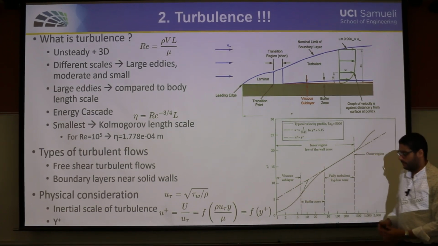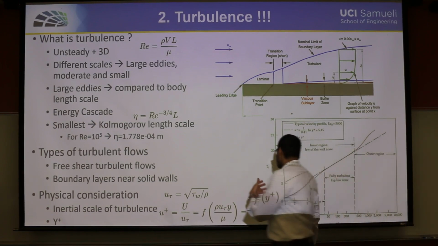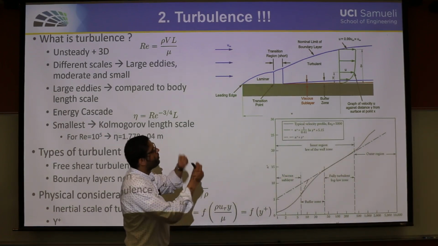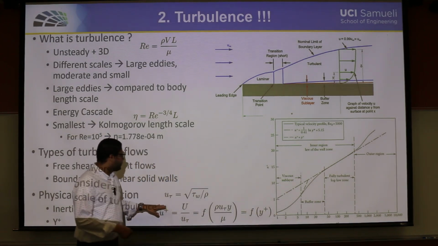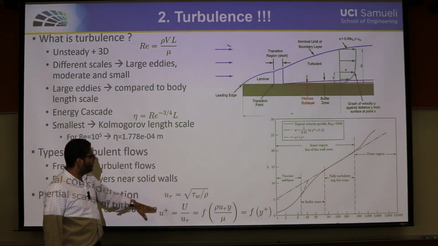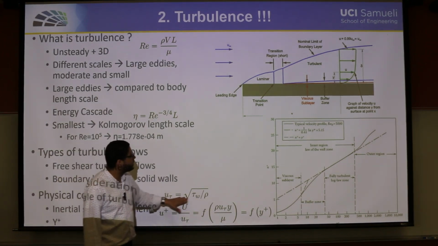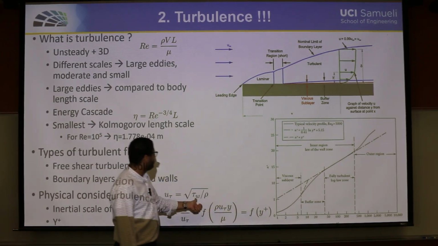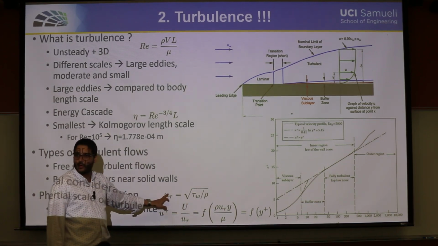But what's that curve? It relates a couple of things inside the boundary layer. First of all, you compute something called the shear velocity or the shear stress velocity, which is at the wall. You take your shear stress at the wall divided by the density, and you get u tau, okay?